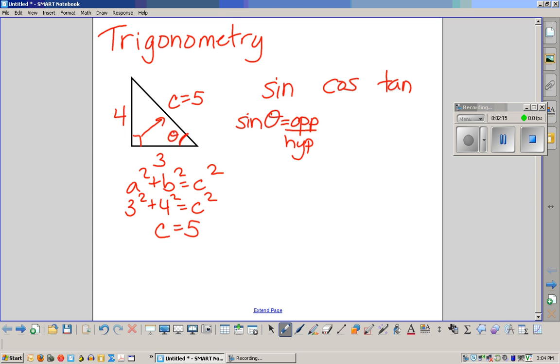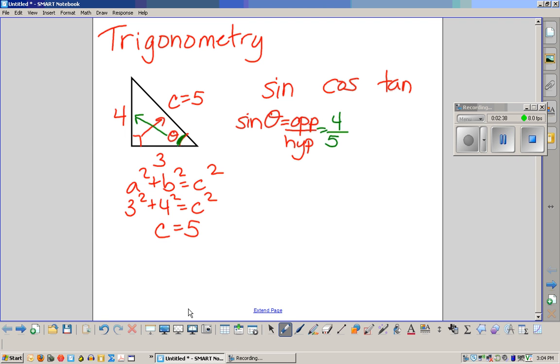If I look at sine of theta, I start at my angle theta. The opposite side would be the 4, and the hypotenuse we solved for is 5. So the ratio of the opposite side to the hypotenuse is 4 to 5. That's called the sine.